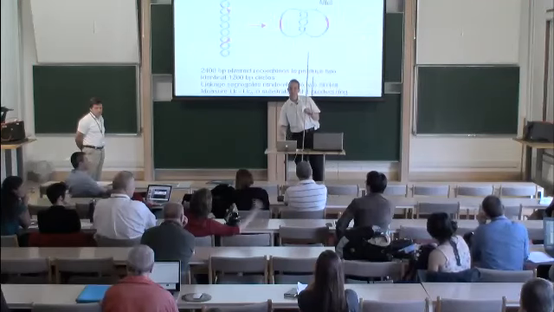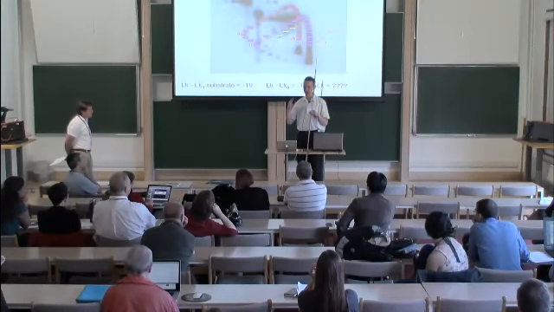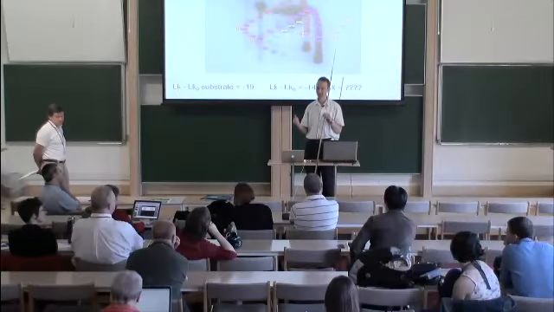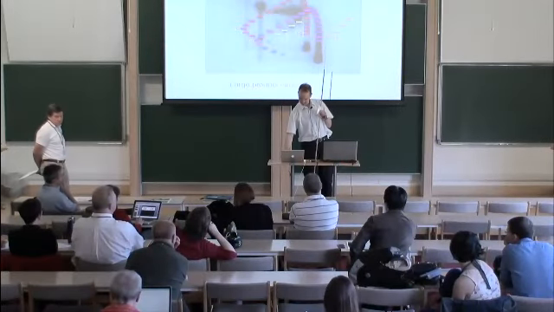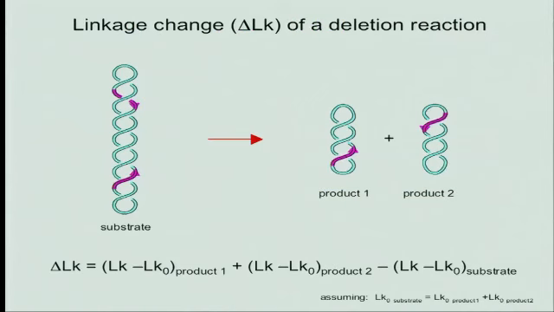One of the problems is that you have to be confident that you're measuring the linkage in the small circle under the same conditions as in the big circle, because, well, it amounts to the fact that what you're measuring is the difference between Lk and Lk naught, and Lk naught can change depending on the conditions.